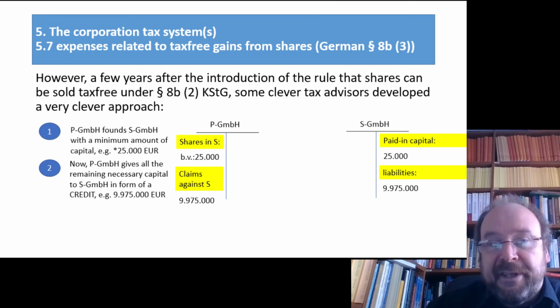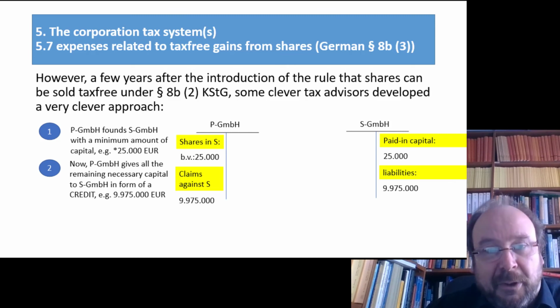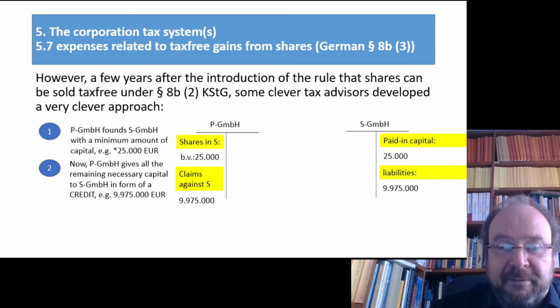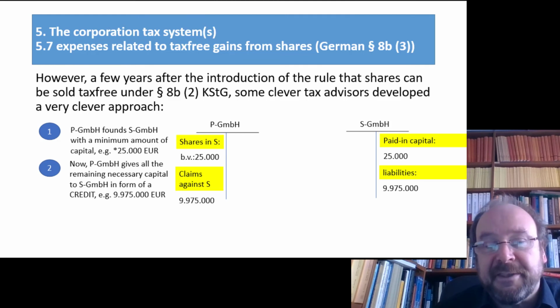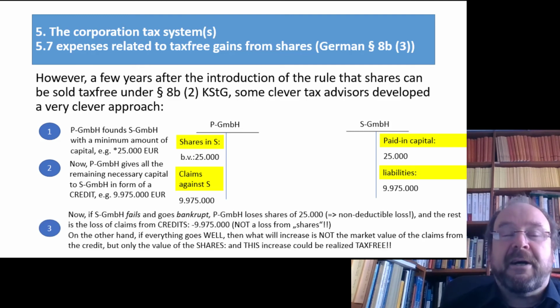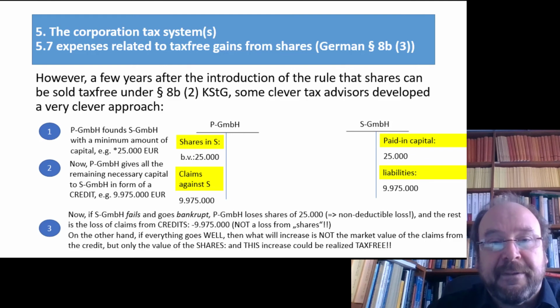Now, on the other hand, it's always a possibility that SGmbH goes to the wall, gets bankrupt, insolvent, and that you lose all your money. In that case, the shares become worthless, so you book out 25,000 and have a loss from the shares. And you book out the claim, and now that's a loss of a claim.